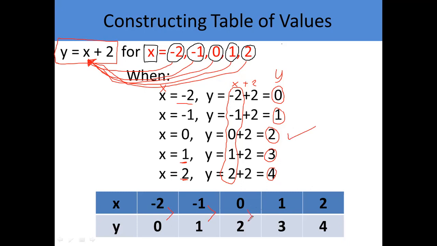So x is 0, y is 2. And when x equals 1, y is 3. And when x is 2, y is 4. So we are now ready to plot it in the graph.